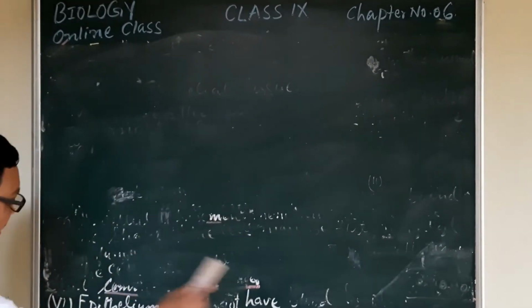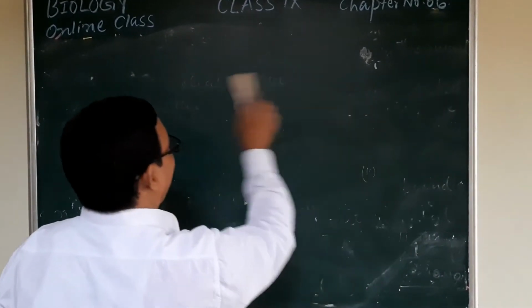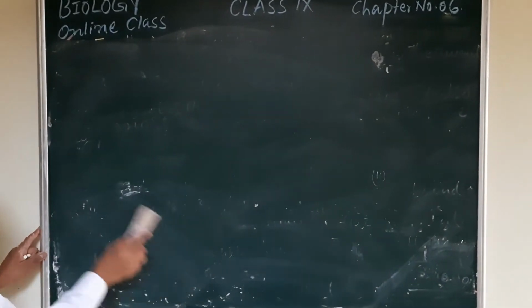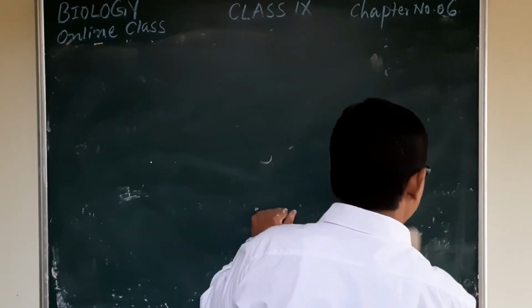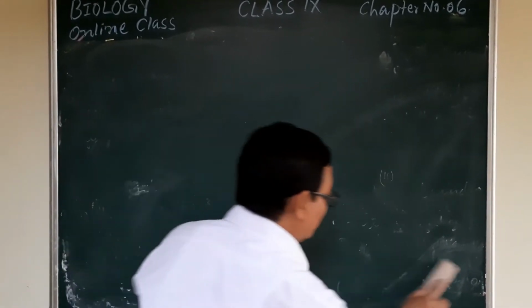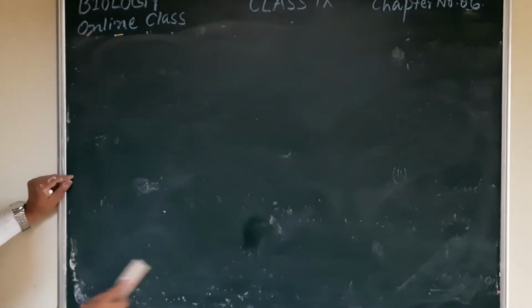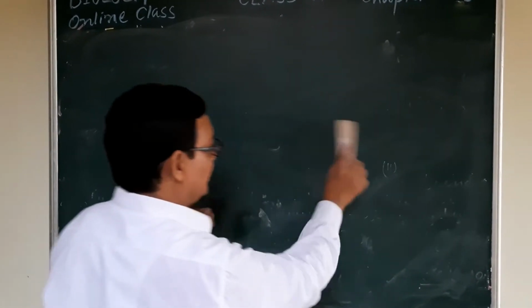Before the classification, these are just some key points, and when you study its types, you will get all these points there also. These are the basic features, and if you know these features, then it is easy to understand the different types of the tissue.